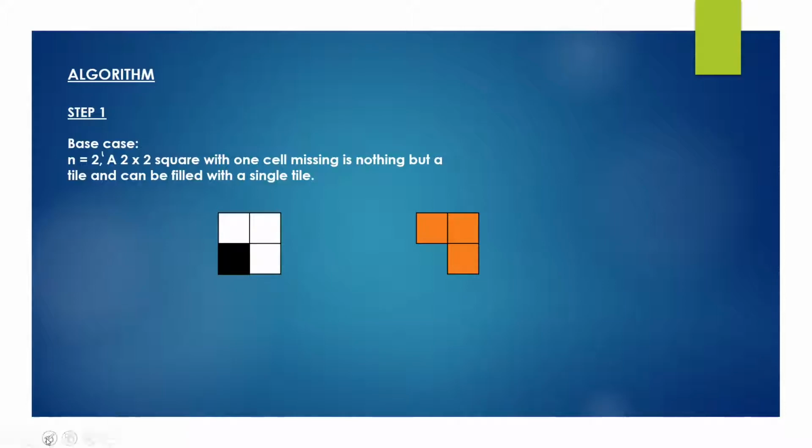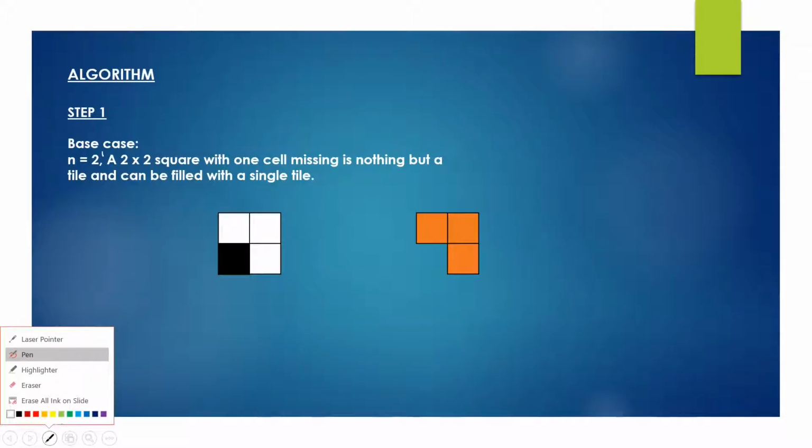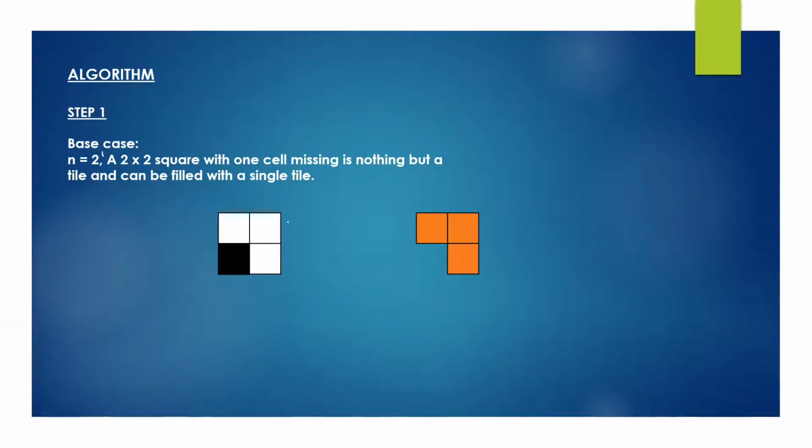So if I draw this orange tile, it can just be filled here, as shown in my illustration. This whole thing can just come here to fill up the base case. Similarly, rotation is allowed. So if our void or missing defective tile is on the top right, you can rotate the L-shaped tile and make it fit as per one of our 4 base cases that I showed in the previous slide. So this is our base case.